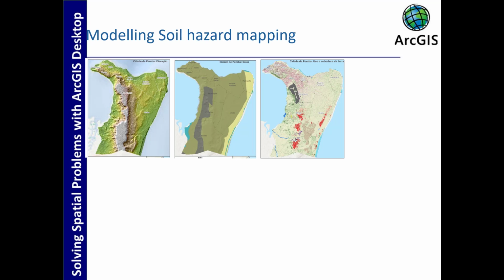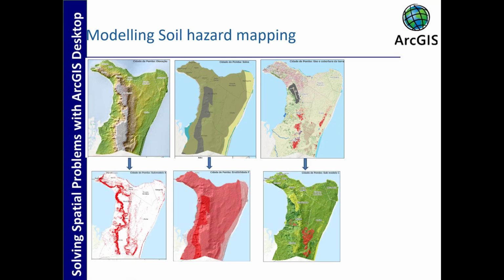Another M is modeling. With modeling, we combine different spatial layers to produce new information. For this erosion hazard map, the factors of erosion include the slopes or elevation, soil, land use, land cover, and rainfall, which is not here.